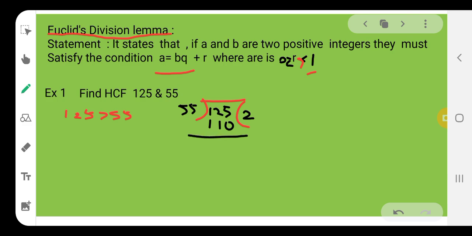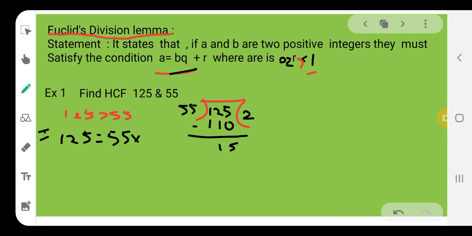So the remainder is 15, since 125 minus 110 is 15. Now we will write this first step. You have to go on writing in this form. So a is 125 here, and b is the divisor, that is 55.